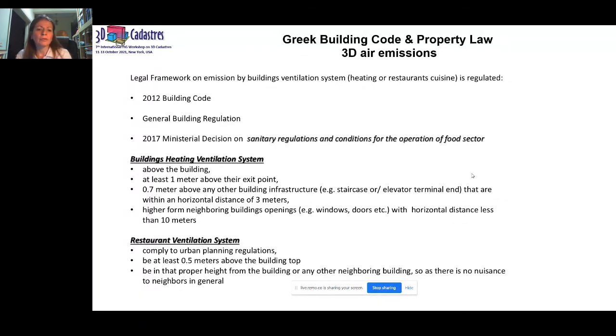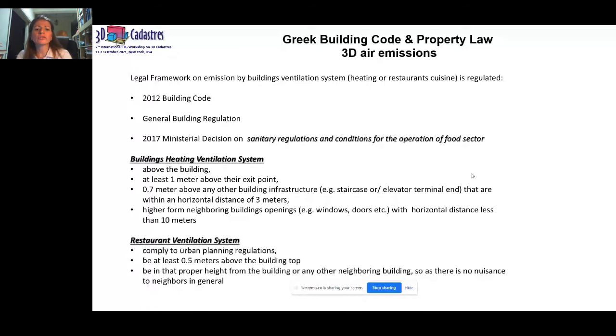For example, for building ventilation systems there is a very strict legal framework so as not to create nuisance for the surrounding properties: the system should be above the building and at a distance from the surrounding buildings.